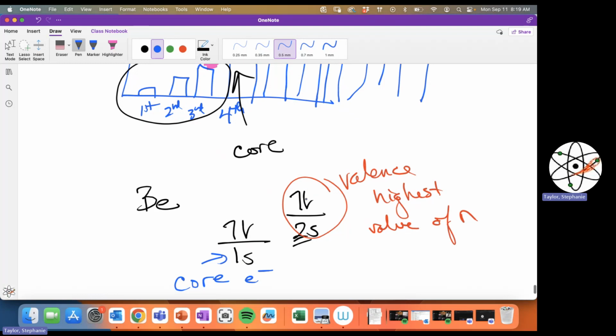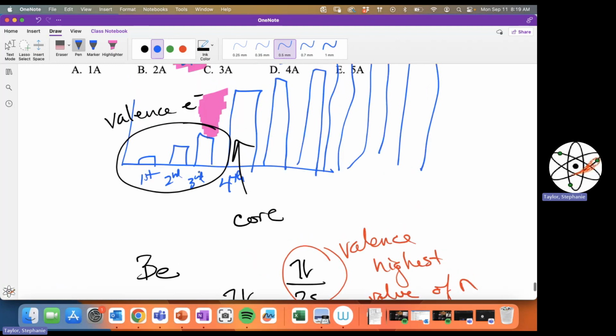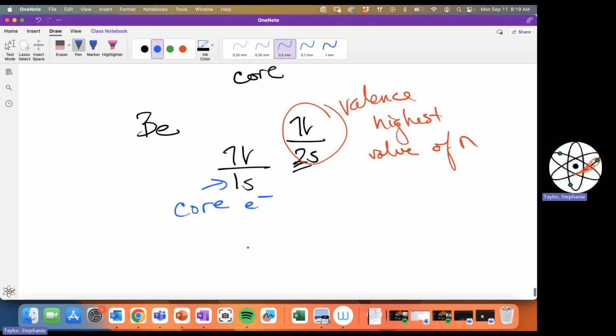So beryllium, for example, has 2 valence electrons. This, however, had 3 valence electrons. So I'm looking for something that has a core of whatever, and then would go 1, 2, and has another one. So I'm looking for something that has 3 valence electrons.